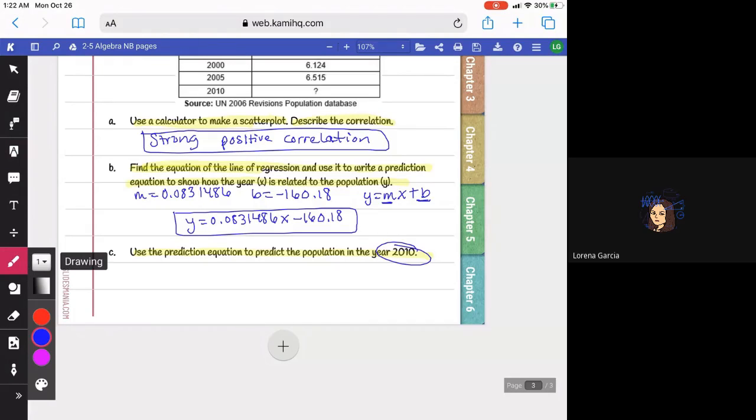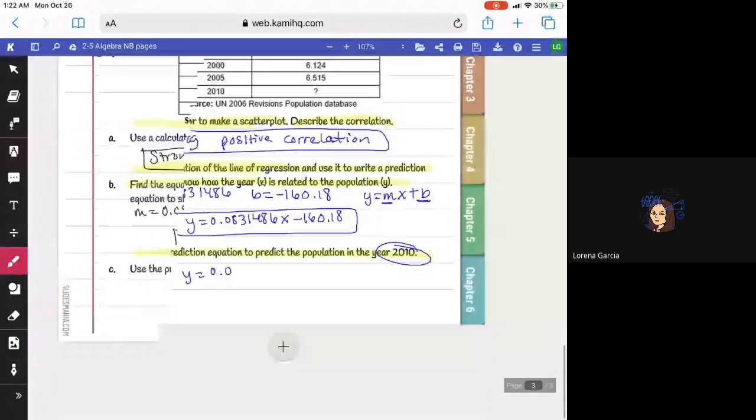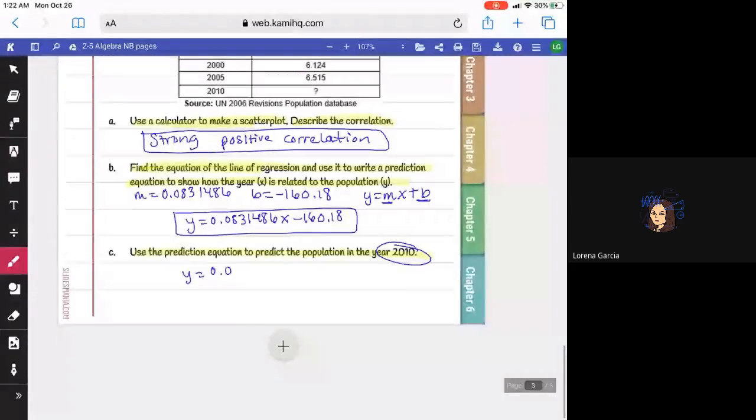So I'm going to plug 2010 into my x, because if we look back here, x was the years, y was the population in billions. So for x, I'm plugging in 2010.